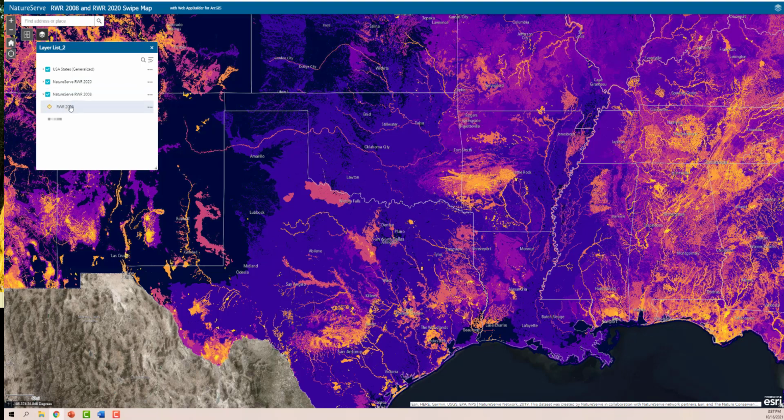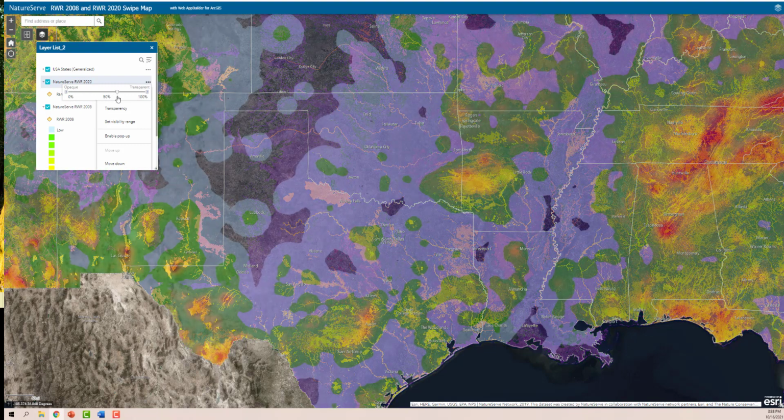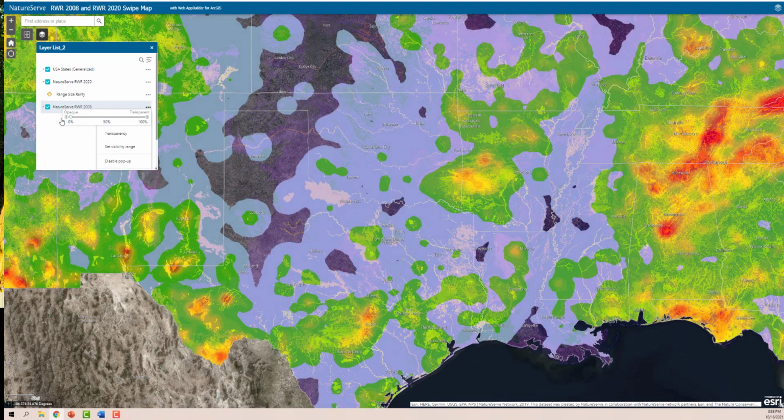Let me set the transparency for the other layer. Okay. So now, if I set my transparency for our 2020 model, you can see the other data set, and I want to go ahead and put that back to its original. So now we have a pretty good tool if we want to visually compare these two different models.